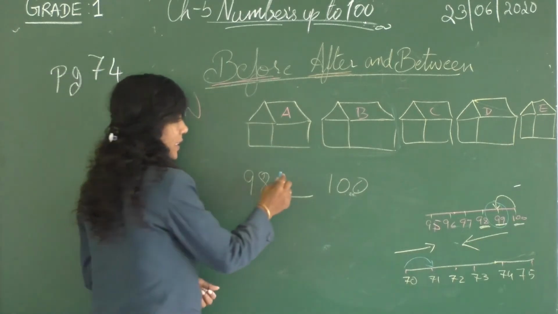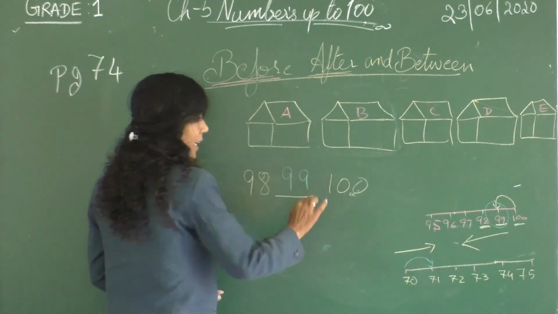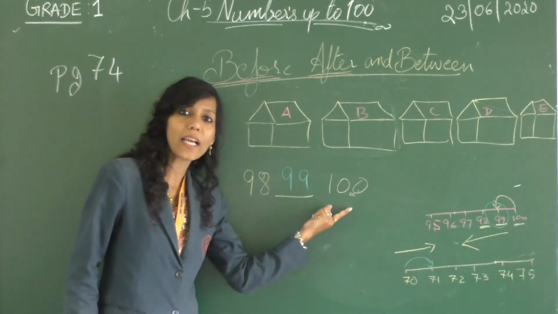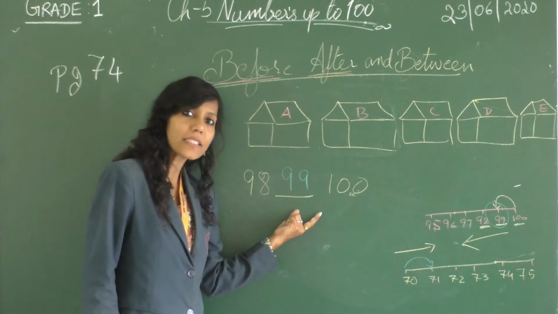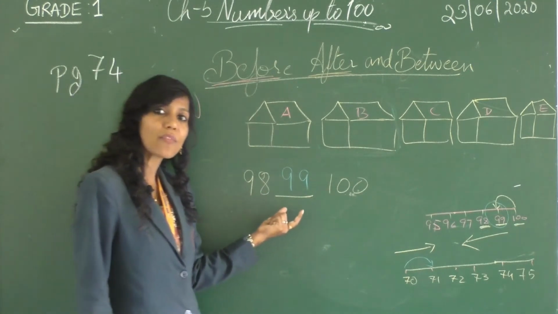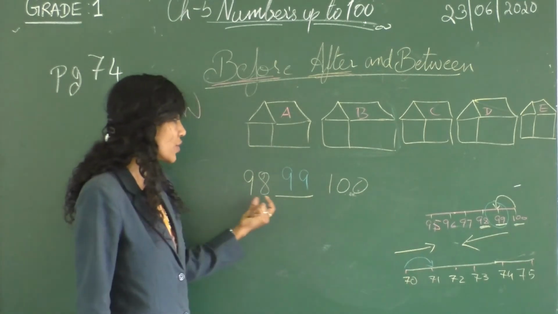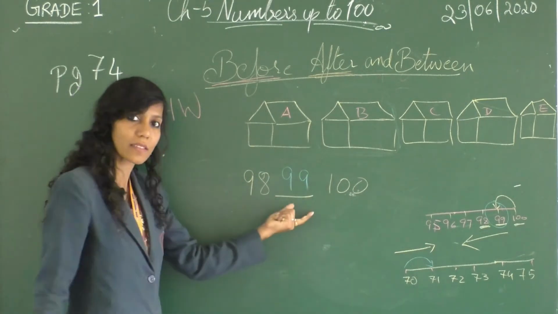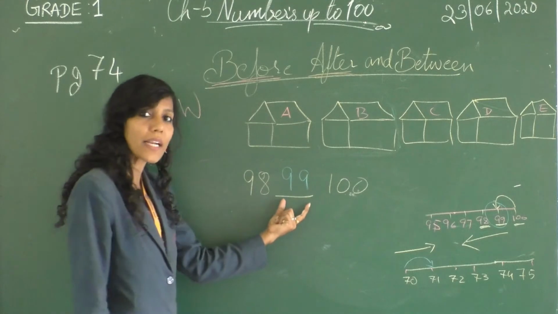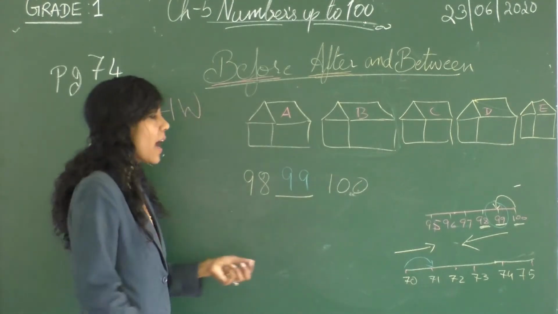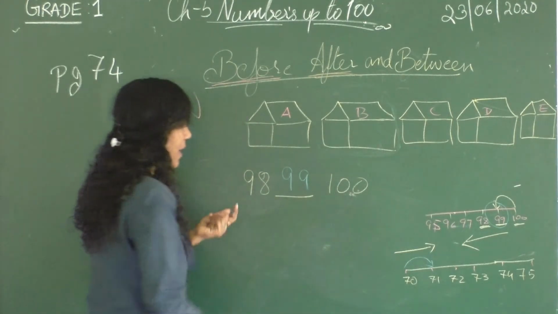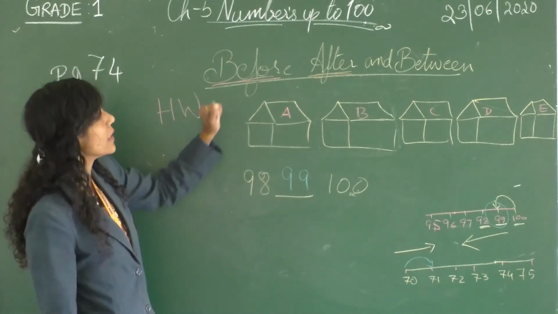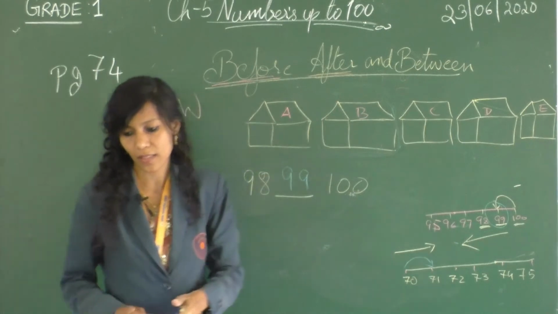So what you have to write here is 99. You are just completing the number line: 98, 99, 100. Here you can even do just after or just before. Just after 98 is 99, or just before 100 is 99. Otherwise, complete the number line 98, 99, 100. Anyways, you can solve the between numbers.